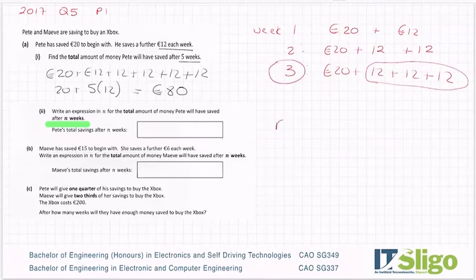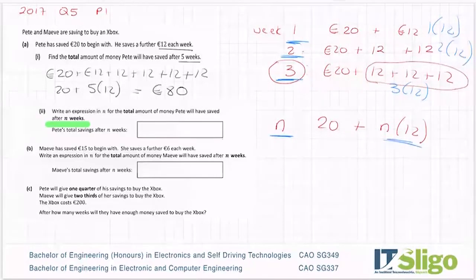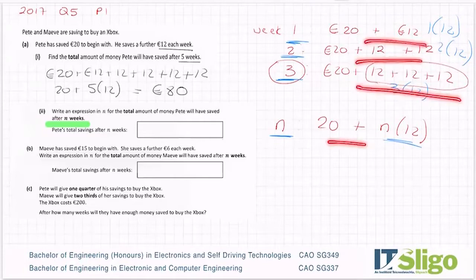So therefore in week N, I'm going to have 20 euros plus N times 12. Because you can see in week 3, I had 3 times 12. In week 2, I had 2 times 12. In week 1, I had 1 times 12. So that's why in week N, you're going to have N times 12. That's how you work N into the equation. You tend to look for a pattern, what is happening.